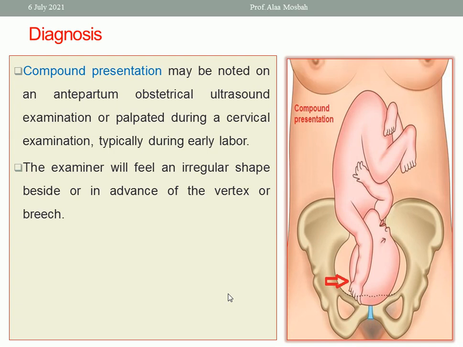The examiner will feel an irregular shape beside or in advance of the vertex or breech. So this limb will feel something irregular beside or in advance of the presenting part, which is vertex or breech. In this picture, it is vertex.